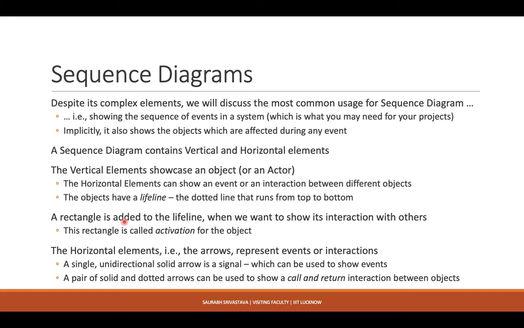Now when you want to actually show an interaction, you add a rectangle to this lifeline called the activation. Okay, this activation basically means that for this amount of time during the complete timeline, this object is active, as in something is happening with this object. Okay, it is either receiving a message, or it is sending a message.